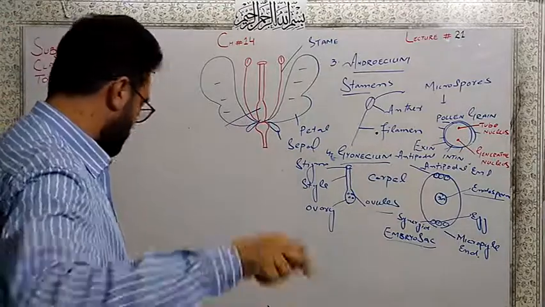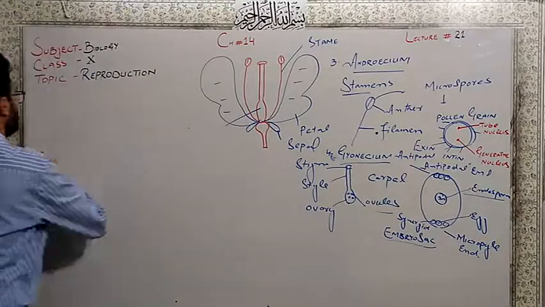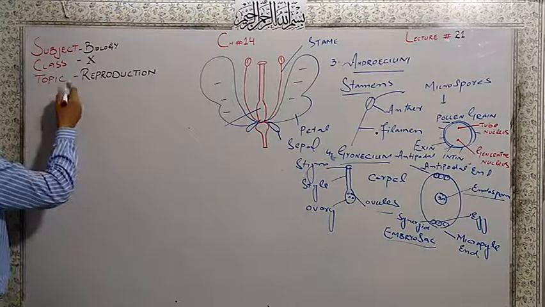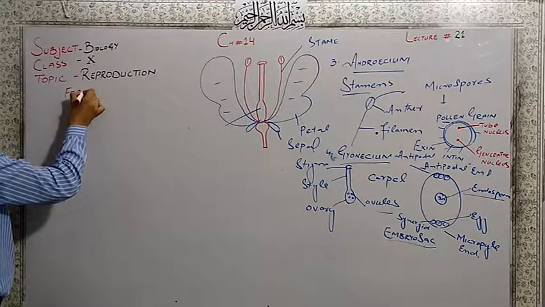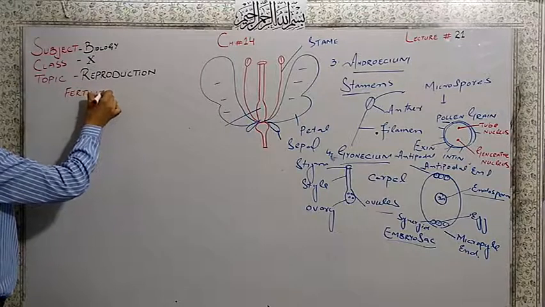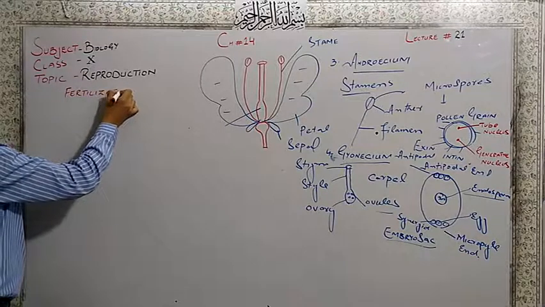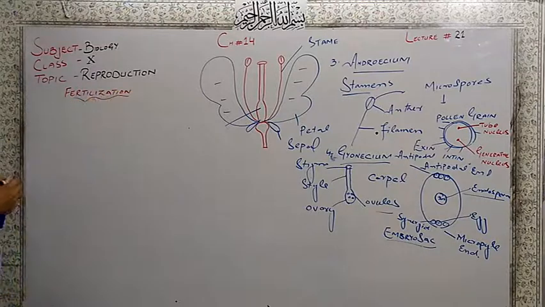In the fertilization process, when the pollen grain reaches the flower, what will happen?